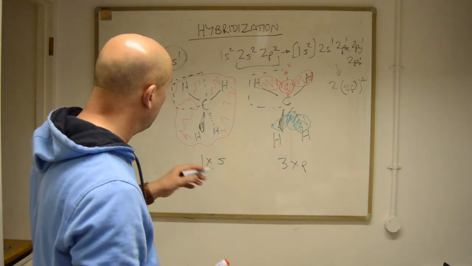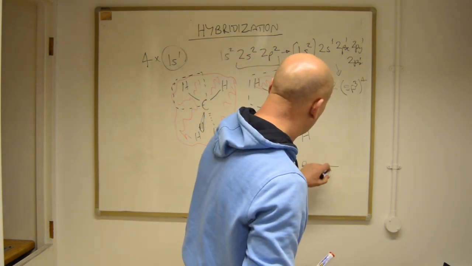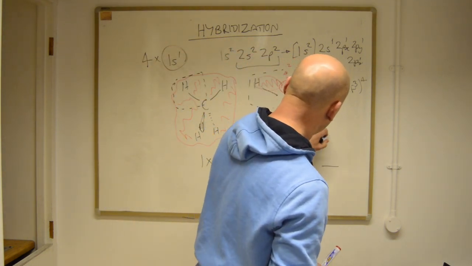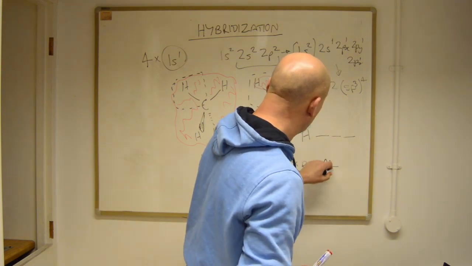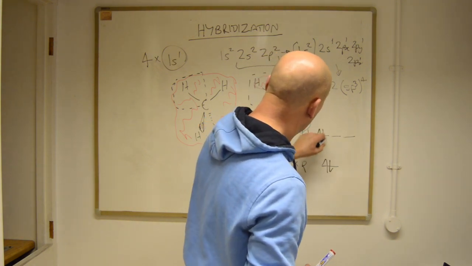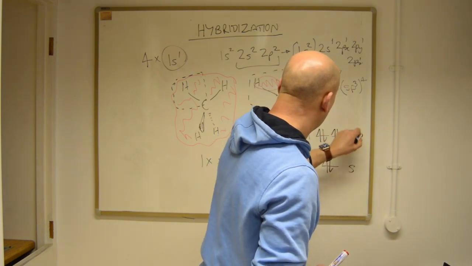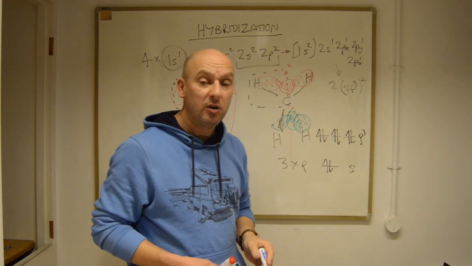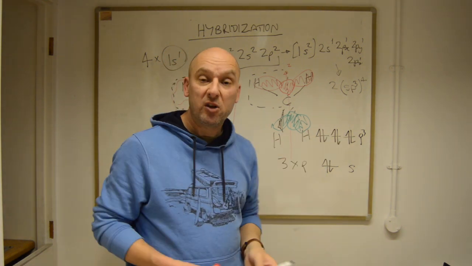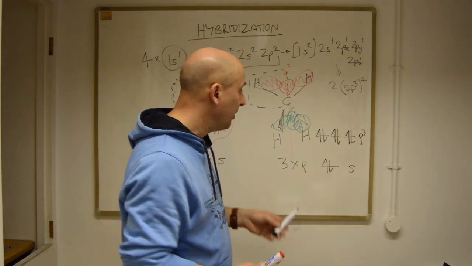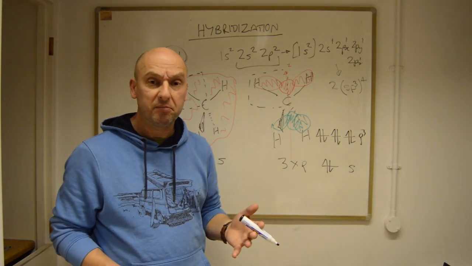So if I draw an energy level diagram for my carbon s and then 3 p orbitals, and I populate that with my 8 electrons in total, and these are now getting 1 electron from each hydrogen. It's just the same.